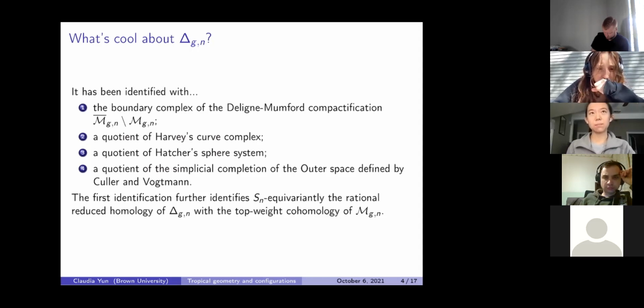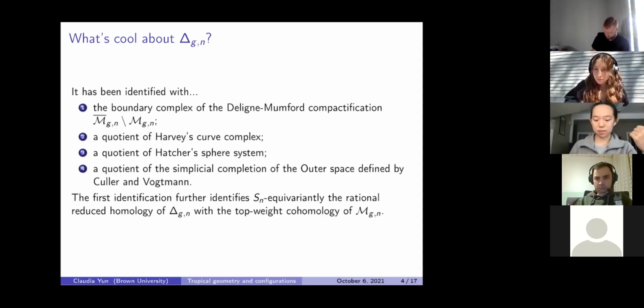The sphere system is a complex parameterizing spheres inside a particular 3-manifold. And again, you quotient by the action of the mapping class group of the manifold, and then you get delta g,n. And when n equals 0, delta g is also related to the simplicial completion of the outer space defined by Culler and Vogtmann.